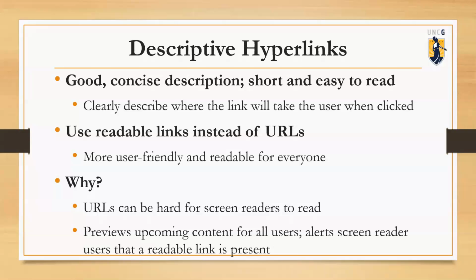The idea behind this is when either the sighted person clicks on it or that student with a disability, particularly those who are using a screen reader, and maybe it's not able to access the content without a screen reader, to be able to click on or select that link, and it will clearly describe where the link will be taking the user after the link is clicked.